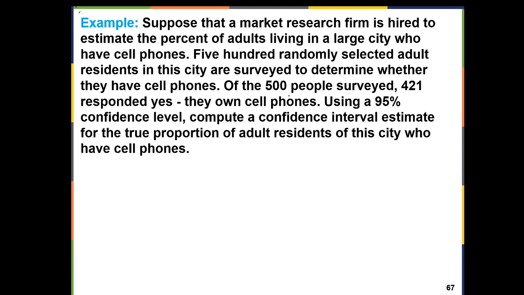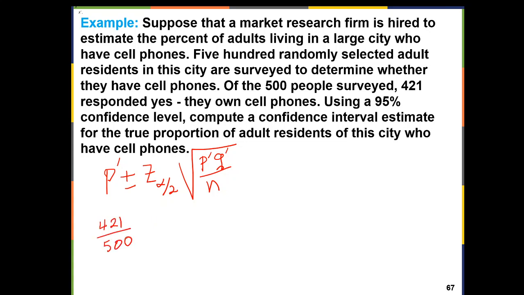Okay, so what we have to do is think of this formula, p prime plus and minus some z times the square root of p prime q prime divided by n. So what is p prime here? Well, p prime is 421 divided by what? 500. That's what p prime is, right?